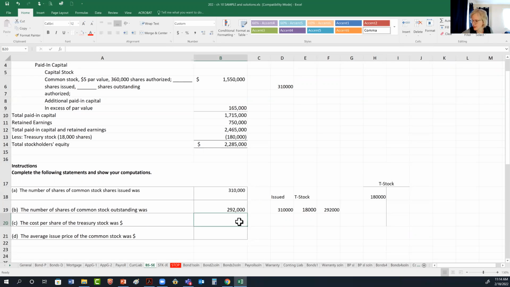And you can put it in the chat if you prefer. Nobody? What's the cost per share of treasury stock?